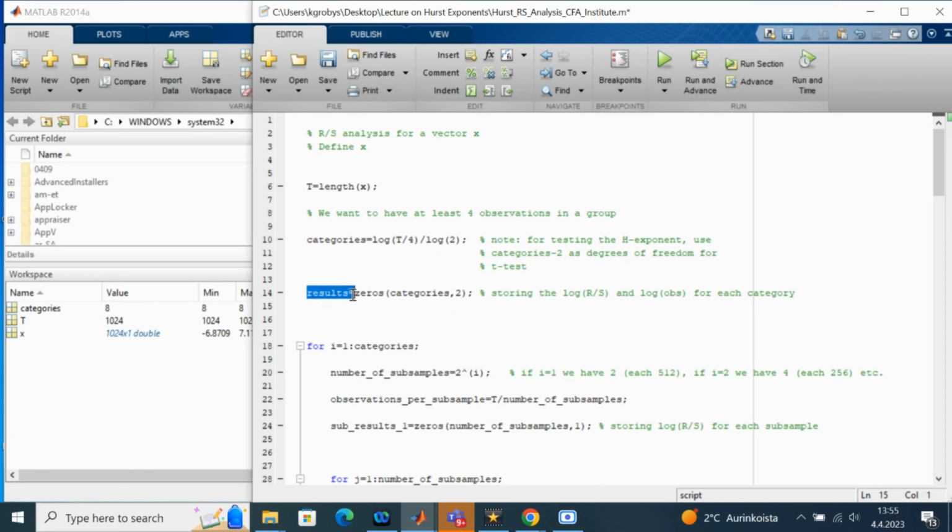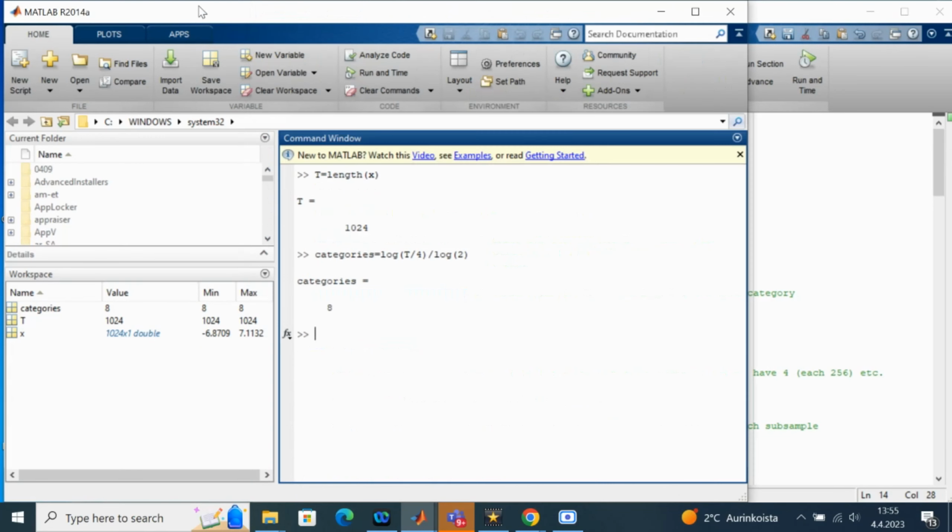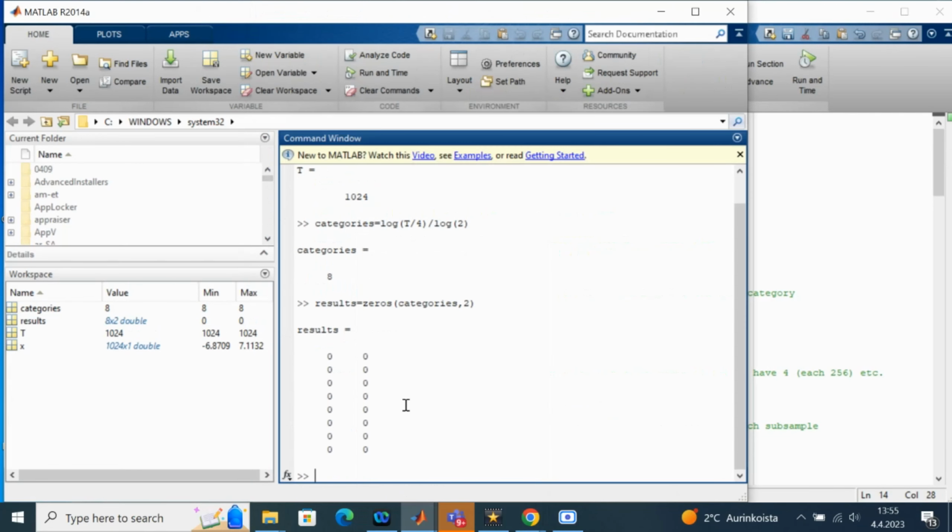So we first create a matrix that has 0 entries, and since we have 8 categories, we have 8 rescaled range statistics, respectively averages of rescaled range statistics depending on the cluster size. So our data matrix where we store the results has to have the dimension of 8x2, since we have 8 categories. So the matrix that pops up here has 0 entries.